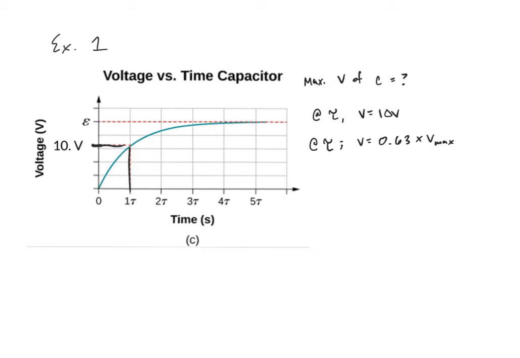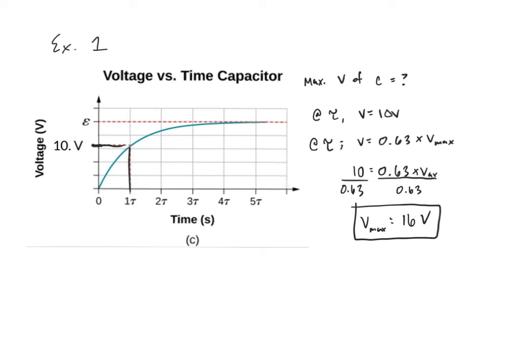So that means that 10 volts is equal to 0.63, or 63%, of our maximum voltage. Dividing both sides by 0.63, we get that the maximum voltage that our capacitor can have is approximately 16 volts. So that is the maximum voltage that our capacitor can hold.